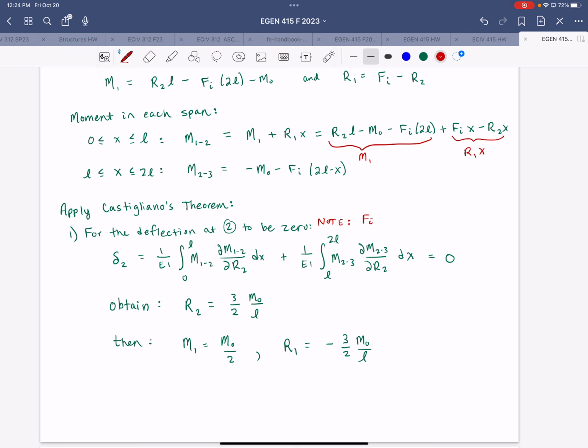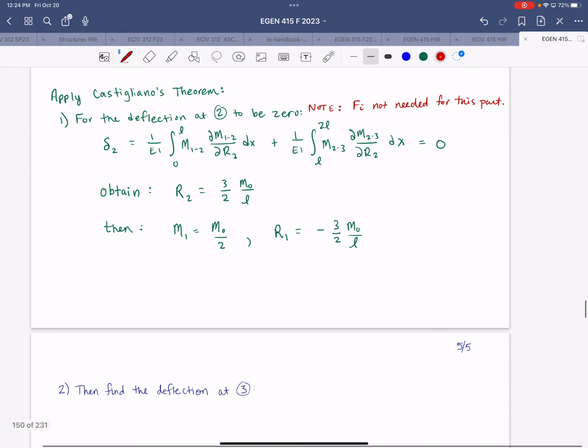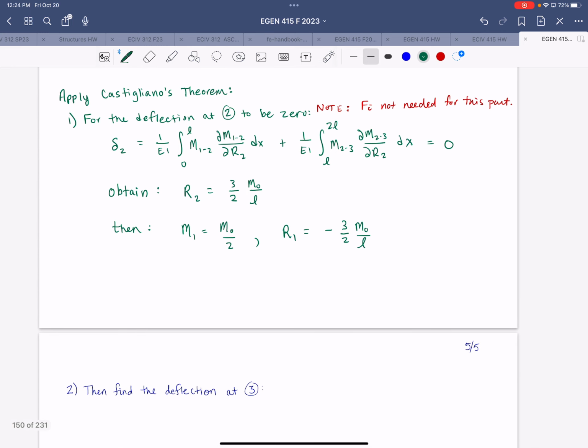We'll just say Fi is not needed for this part. So finding the deflection at node 3, that's where we need the fake force Fi. I'll just say here is where Fi is needed.